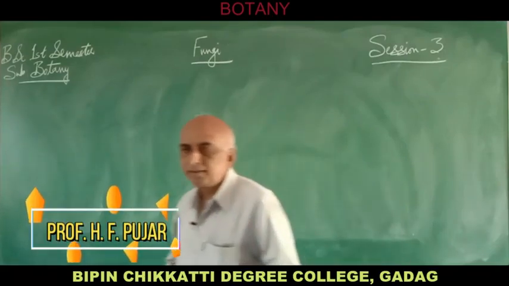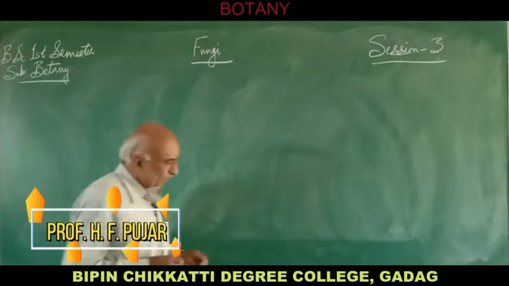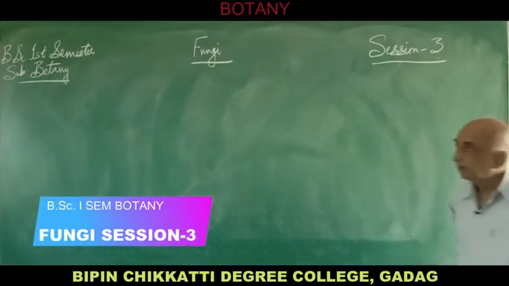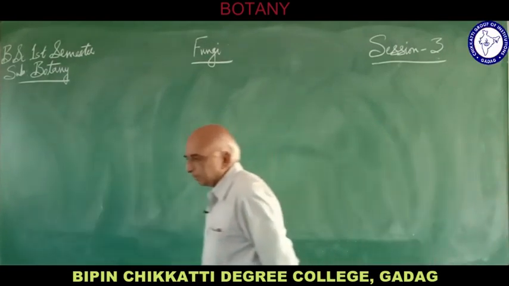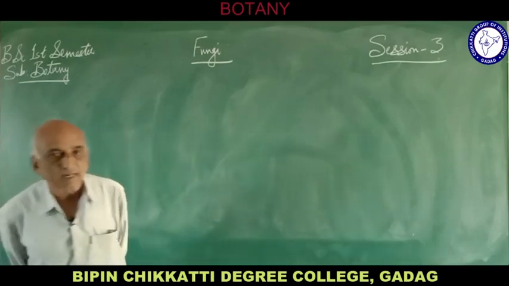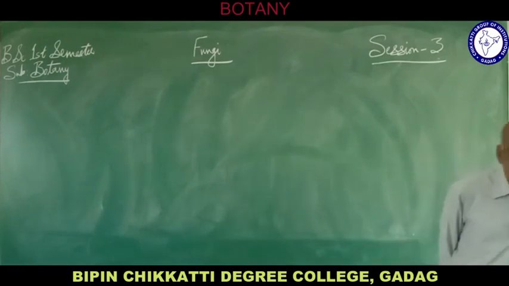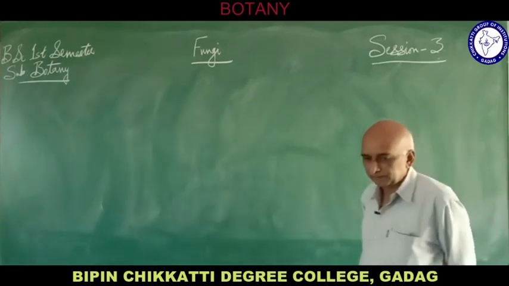The fungi. So far we have studied the different types like Rhizopus as a typical example, and we have studied the general characteristics of fungi, the thallus organization and the reproductive methods.